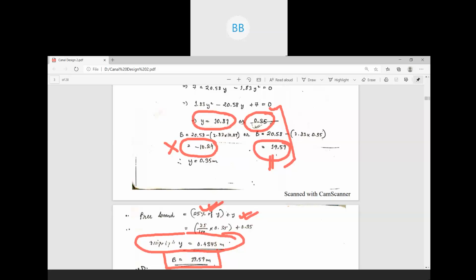Then we provide a freeboard of 25% depending on the discharge that is given. Then we will get our design depth, and for that particular design depth we are going to again determine our width of the channel.